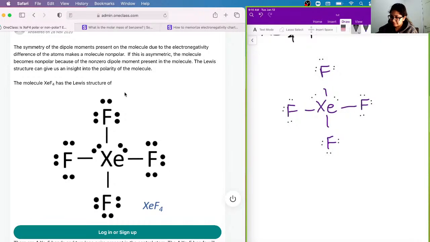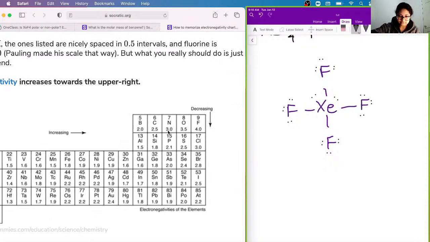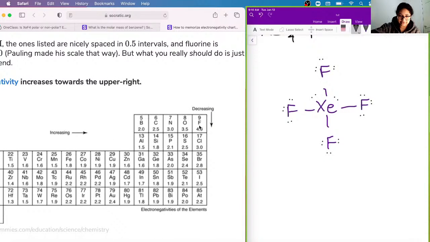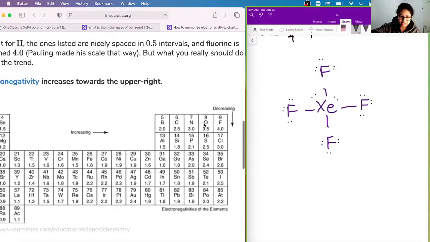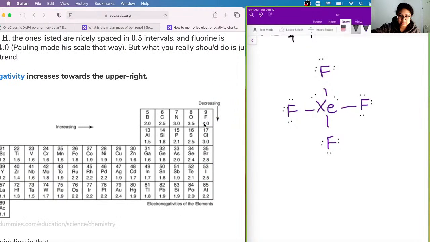The 4 xenon and fluorine bonds will eventually cancel out because of the dipole moments present and the symmetric configuration. Let's look at our electronegativity chart. We know that fluorine is the most electronegative, and xenon is not in the chart because it's a noble gas.